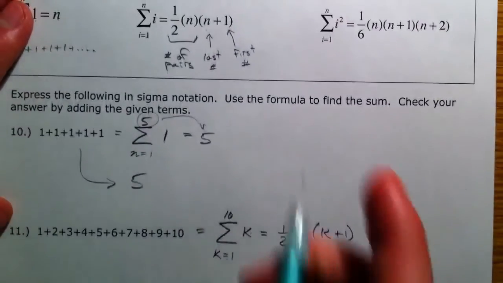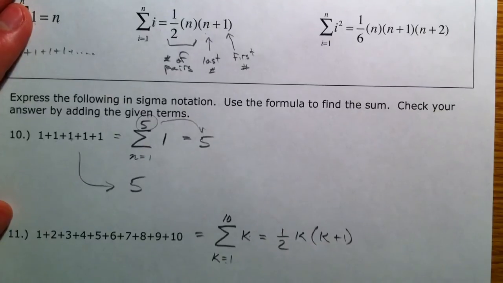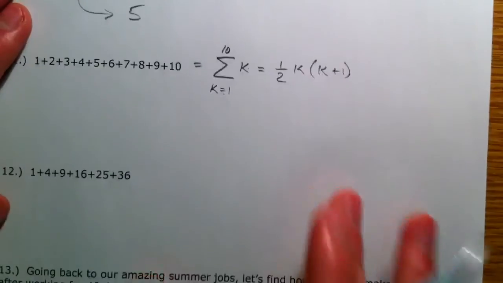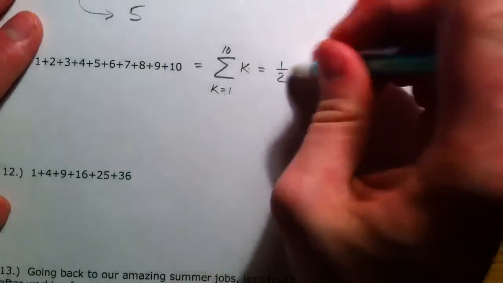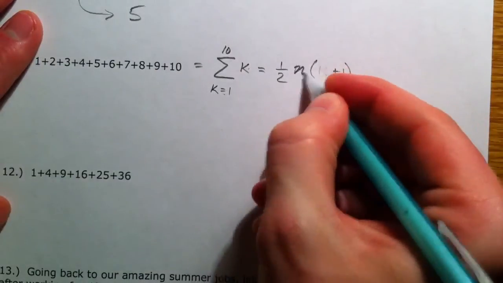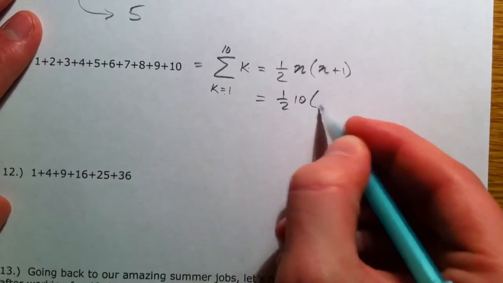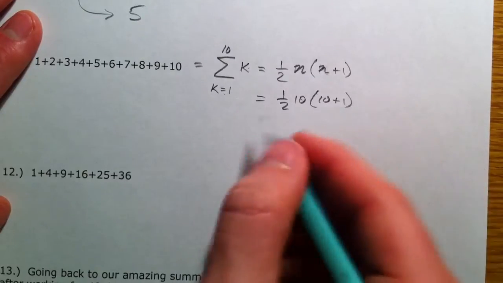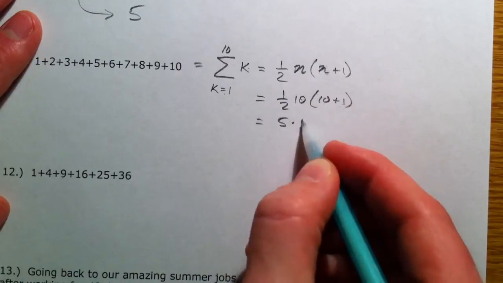And so notice I just changed the value of whatever we had. Because I used k, I'm going to use k here because it was i up here. Really it should be whatever n is. So 1/2 of 10, 10 plus 1. Half of 10 is 5 times 11.